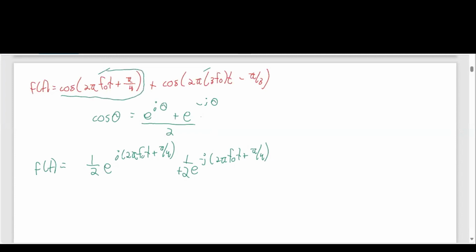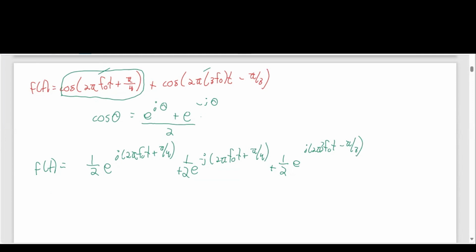That's this here. So now we need to put this piece here. So that'll be plus, with the half already written one time, e to the j 2 pi 3f naught t minus pi on 3. Apologies, I wrote it wrong.